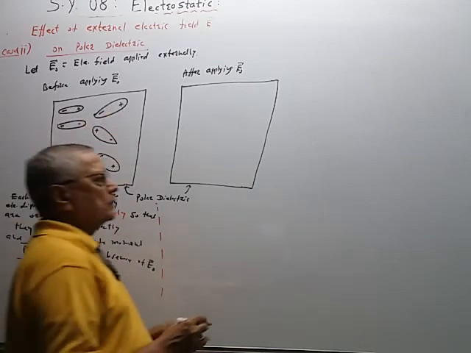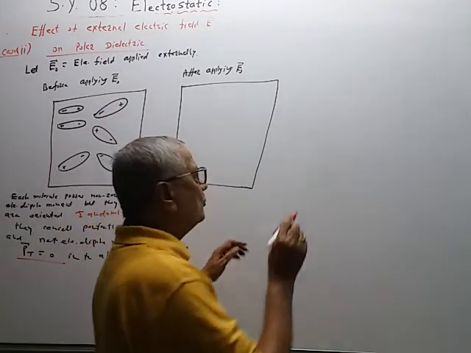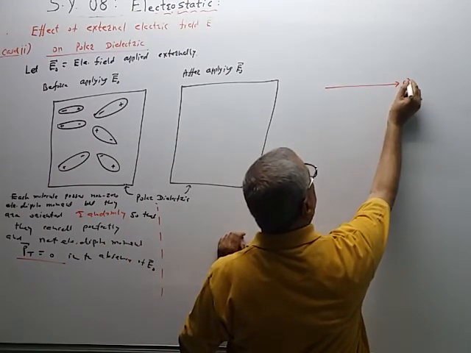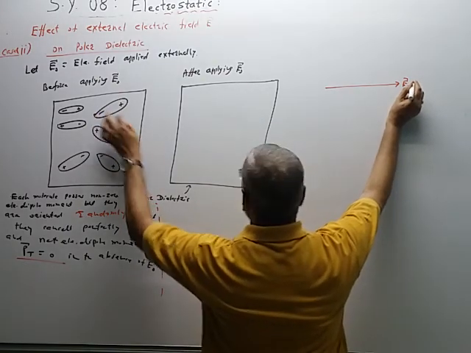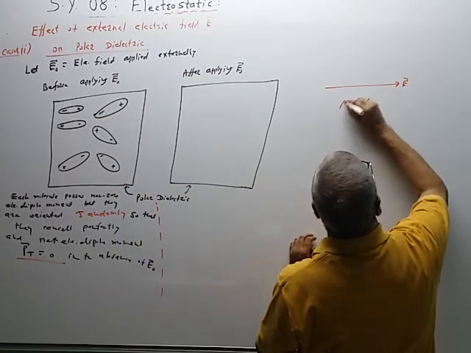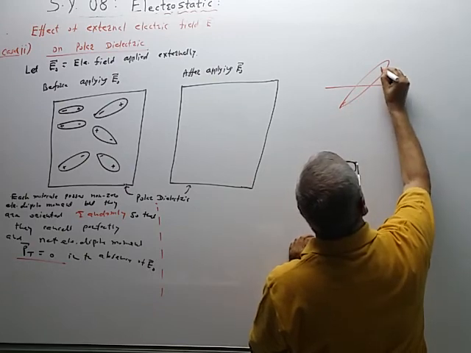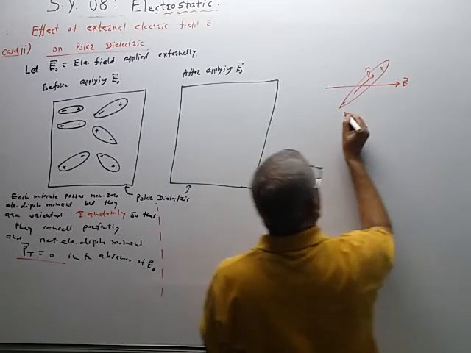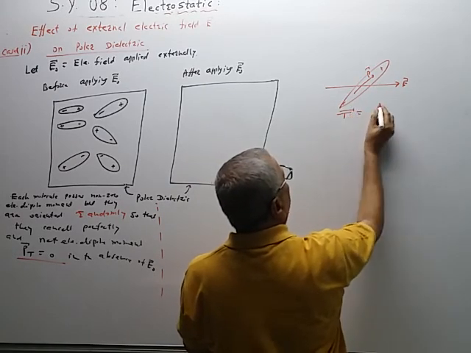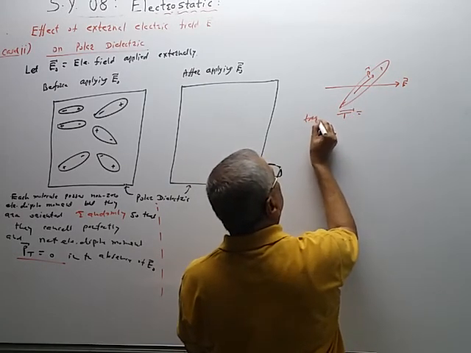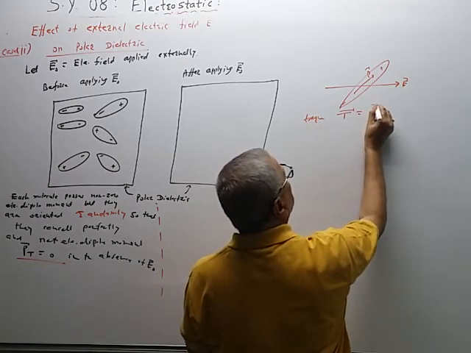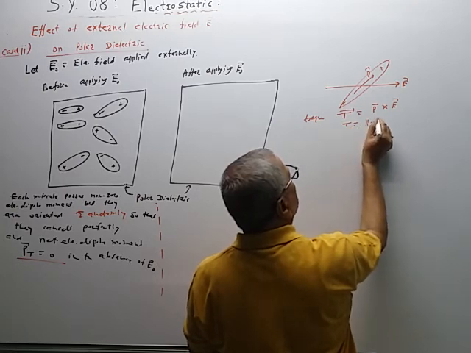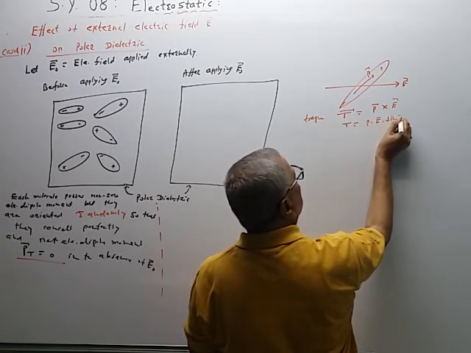Now, what will happen? Last year we have seen this case. If the electric field is in this direction, and now if we consider this dipole, negative, positive, so the dipole moment is in this direction. So some torque is acting, torque T is equal to P cross E. Torque T has magnitude P E sin theta.